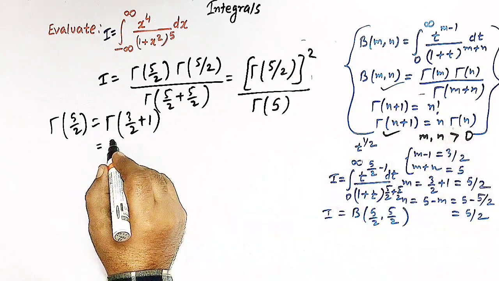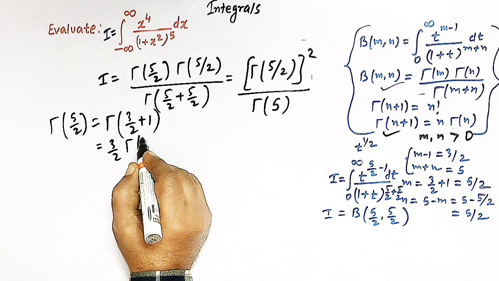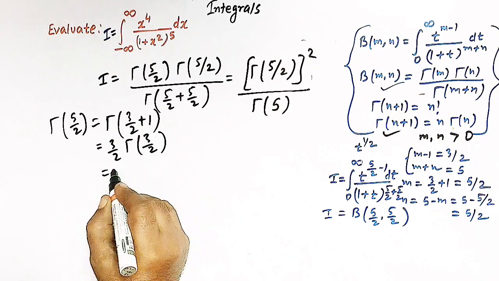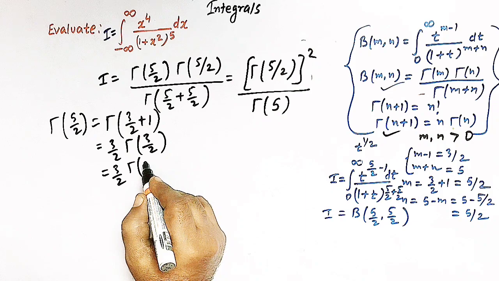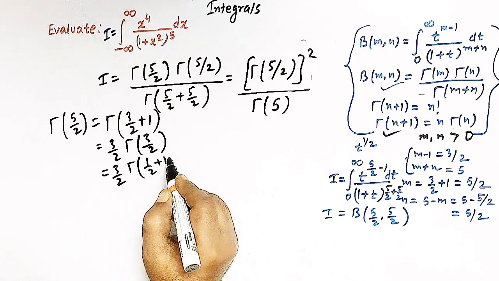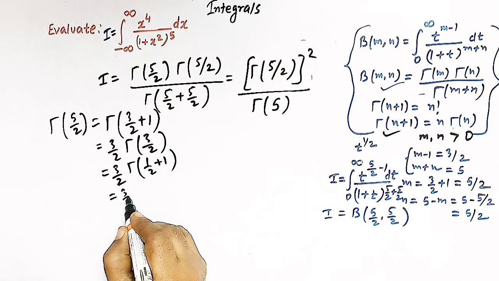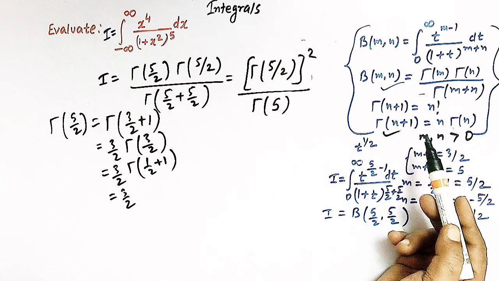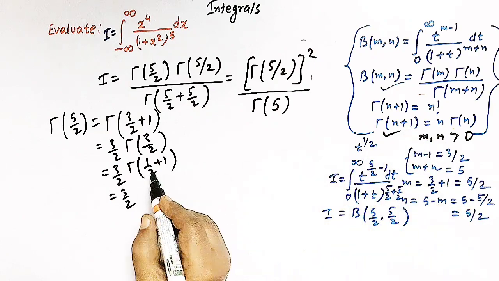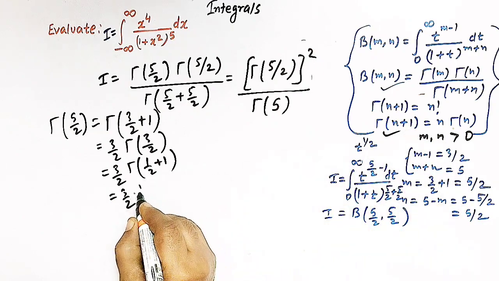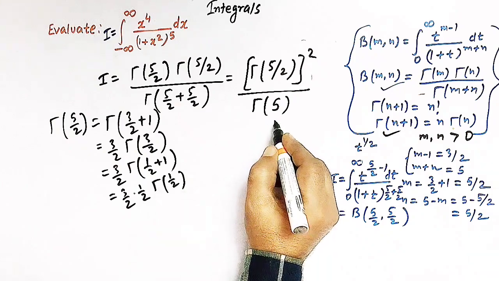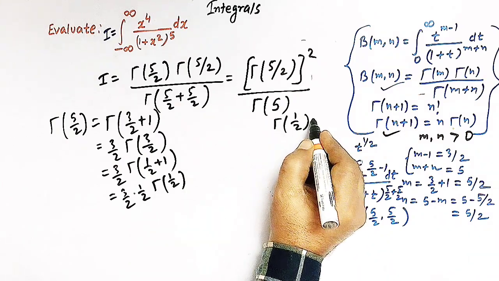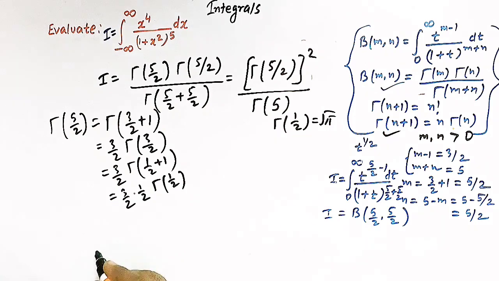So we have 3 by 2 gamma 3 by 2, and again splitting 3 by 2 as half plus 1. So we have 3 by 2, and again using this result over here, so we have half gamma half, and gamma half is equal to square root of pi, right?